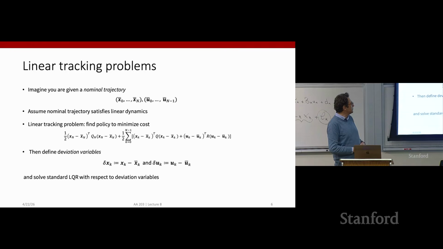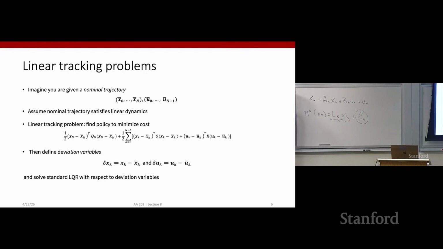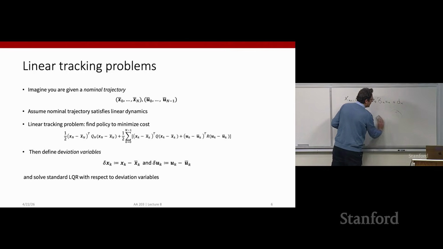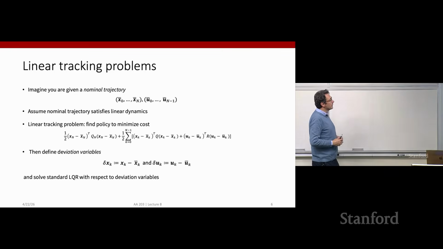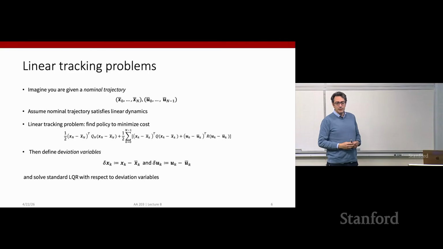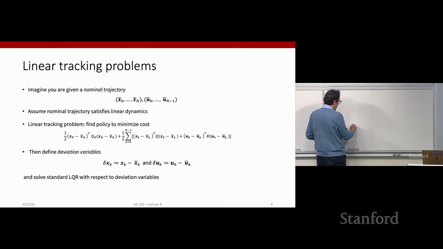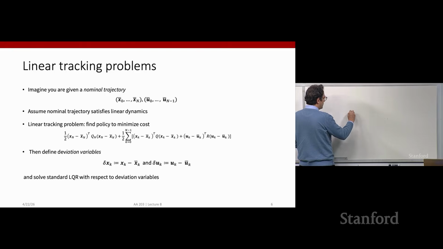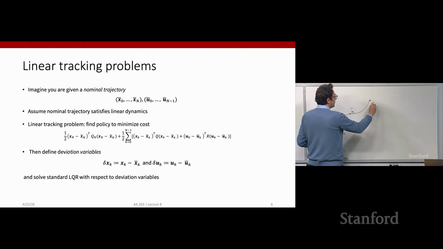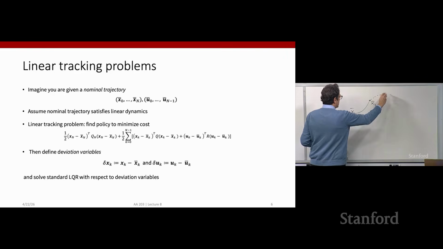Let's get to the interesting part here. As I said last time, we look at LQR as a mechanism to find controls that allow us to regulate the state to the origin. But in general, we are interested in more general settings whereby we are given some reference trajectory x bar 0, x bar 1, x bar 2, and so on.